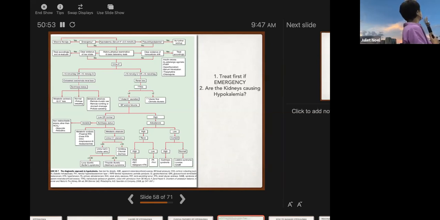When you have metabolic alkalosis, this time you check for urine chloride. If urine chloride is less than 10, you will think of GI causes: vomiting, diarrhea.